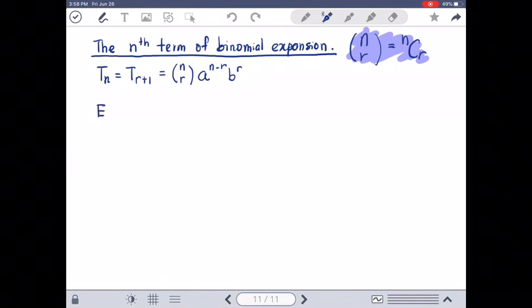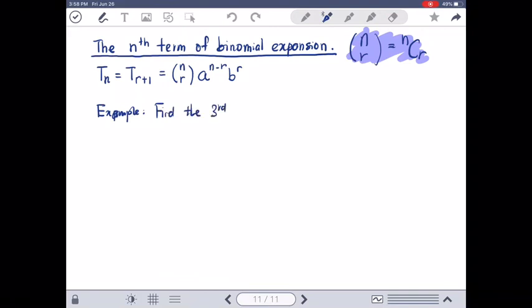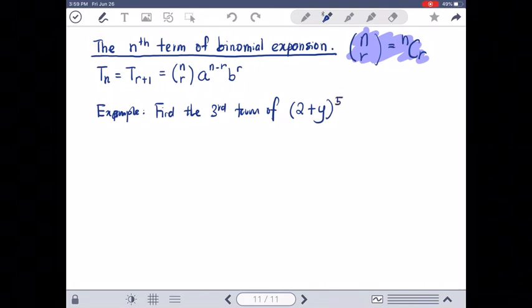For example, find the third term of the expansion of (2 + y) to the power of 5. There are two ways to answer this question. Method 1 is that we expand this by using the binomial theorem.